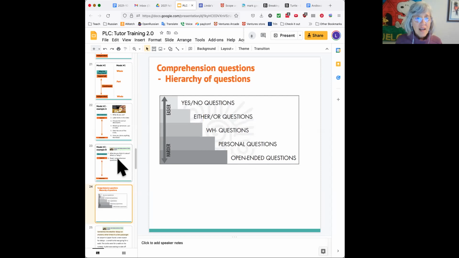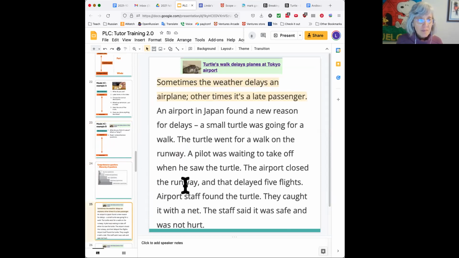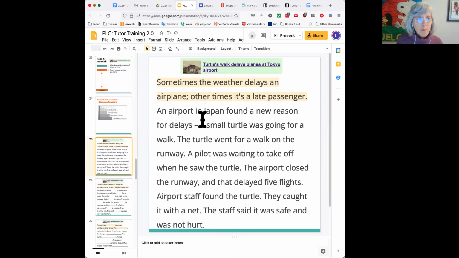So in reading, I have the text here. We would go through and read. This is actually the read of the article. And my part, I'm going to ask them to identify the verbs.